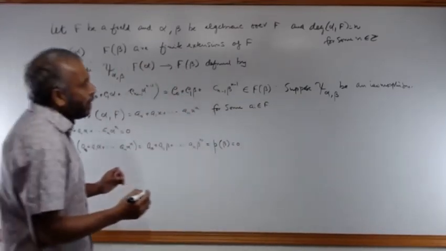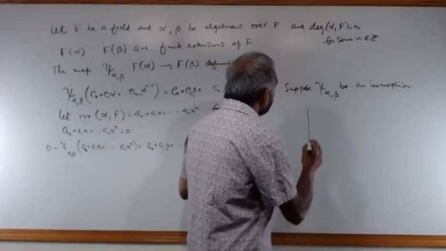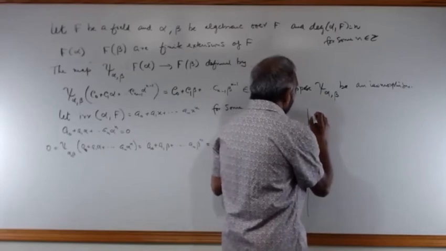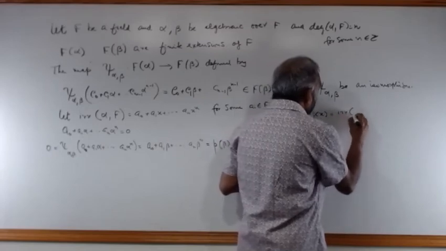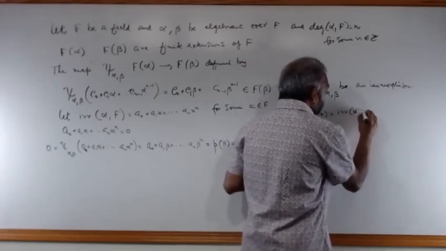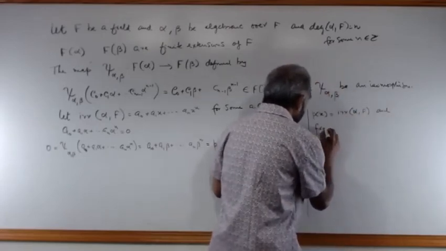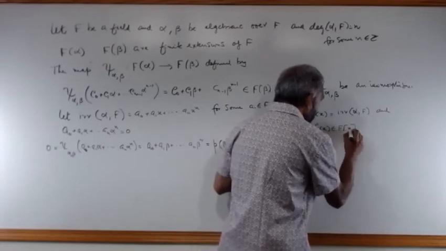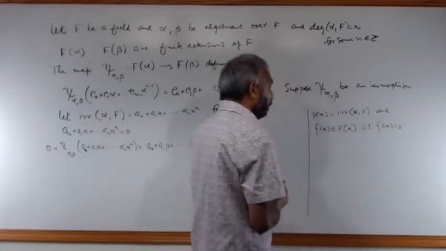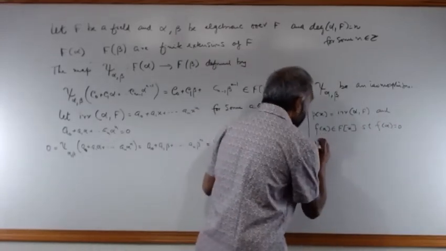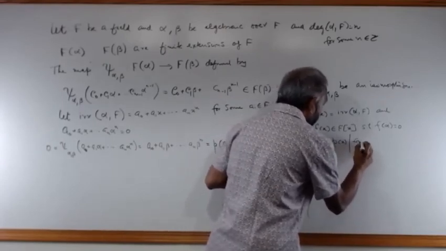We have a result earlier that if p of x is an irreducible polynomial of alpha over F, and f of x belongs to F[x] such that f of alpha is equal to 0, then p of x divides f of x.